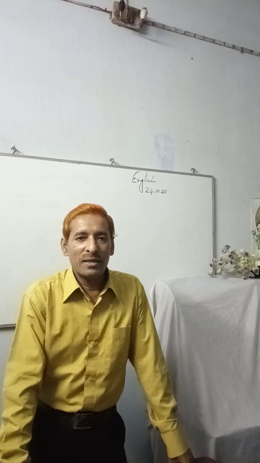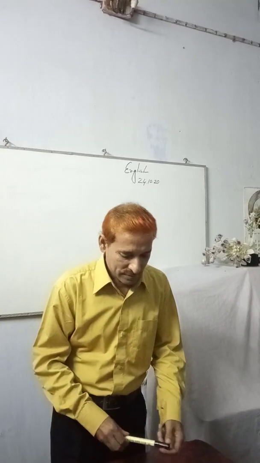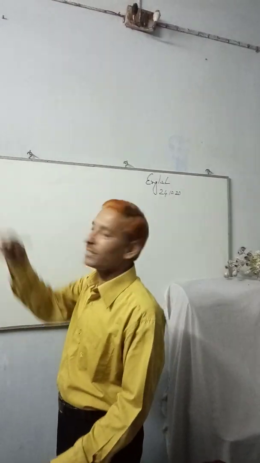As I already told you that for every kind of grammar, tense is essential. Today we shall see how tense is essential for right form of verb. Right form of verbs, write down.